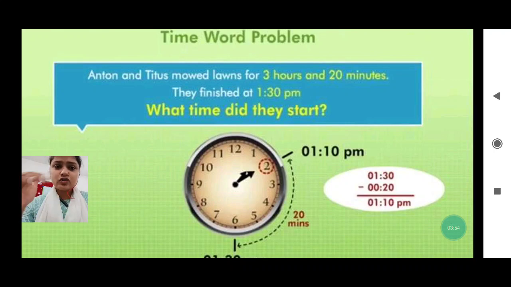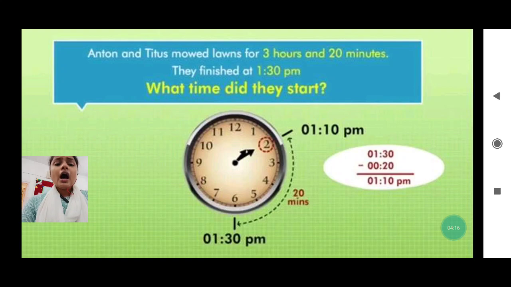What time means you have to calculate before. If they finished at 1:30, then before that you have to calculate 3 hours and 20 minutes. Suppose at 1:30 they finished, and you subtract 3 hours 20 minutes from that, then you will get 10:10. You can see how you calculate this.